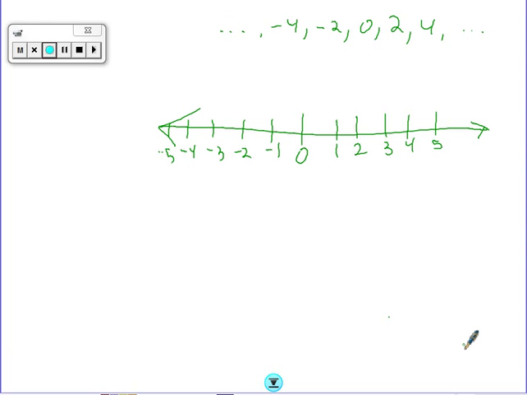Could we graph out those numbers on a number line? How would I do that? I'm not going to ask anyone to come up. If you want to tell me, you can. I'm going to put a dot. Okay, so I'll put a dot on -4. Now let's change the color so it's a little more clear. -4, -2, 0, 2, and 4.